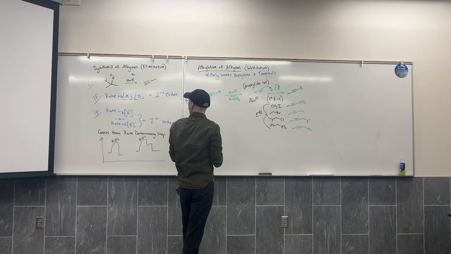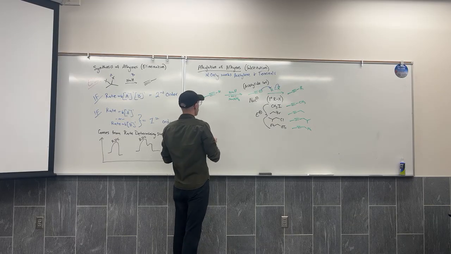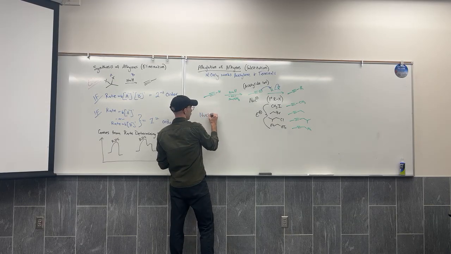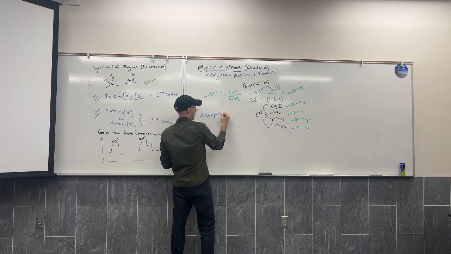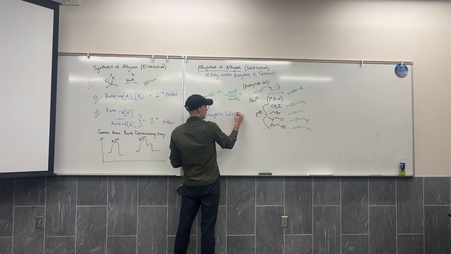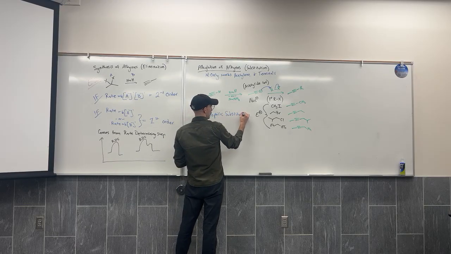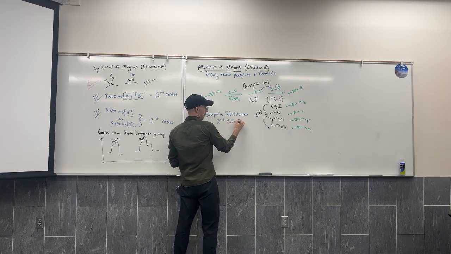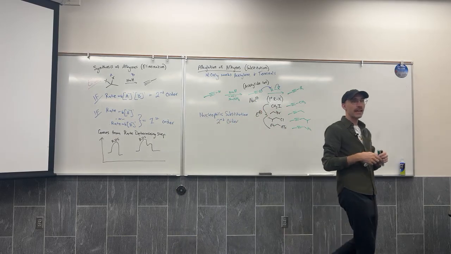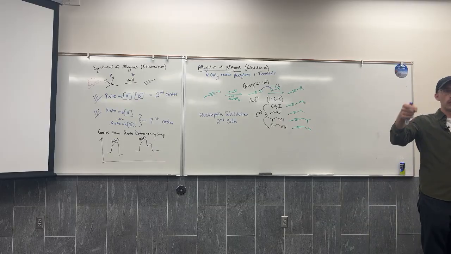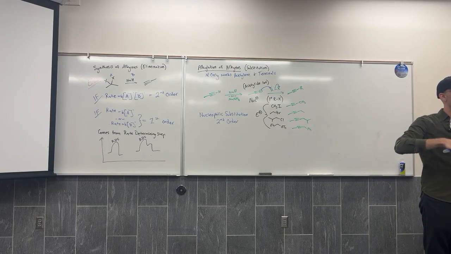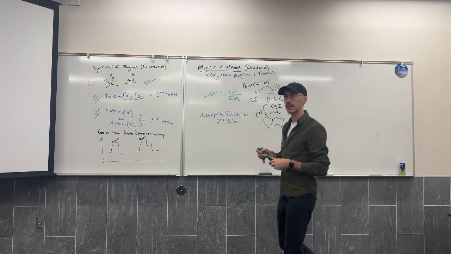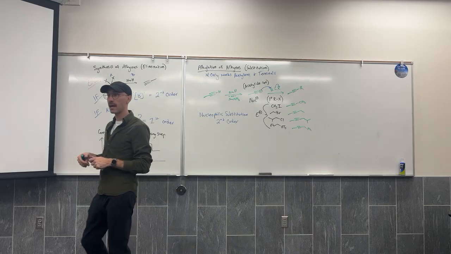And this nucleophilic substitution is second order, because it depends on both the nucleophile being present and the electrophile being present. They both have to be present in the same step.